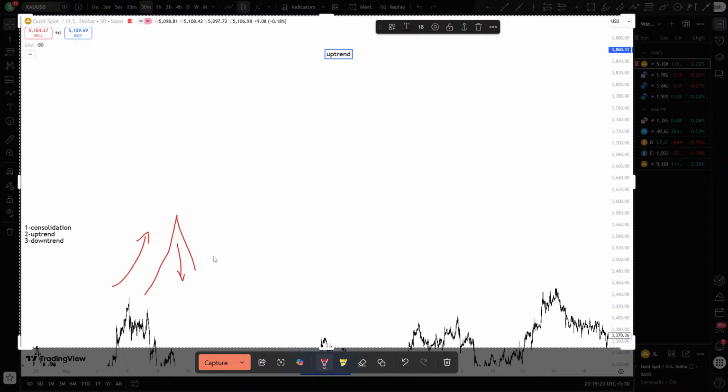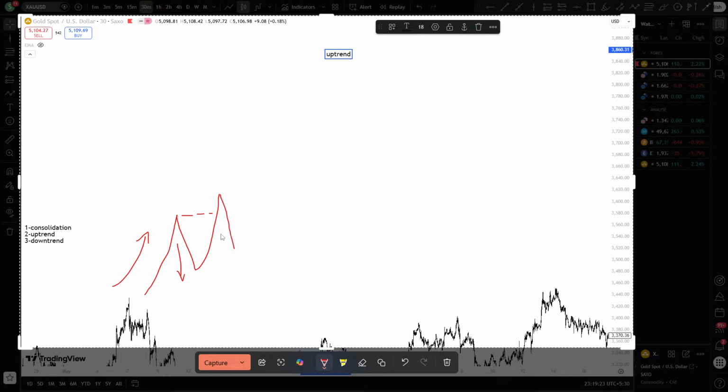After doing that, again the market is going to give us a push to the upside, and after closing above this area, again the market will give us a pullback.